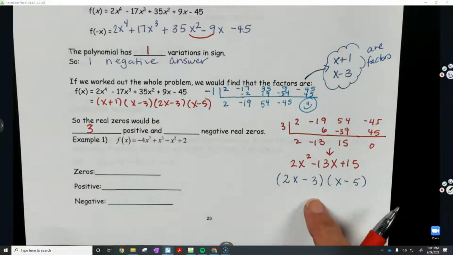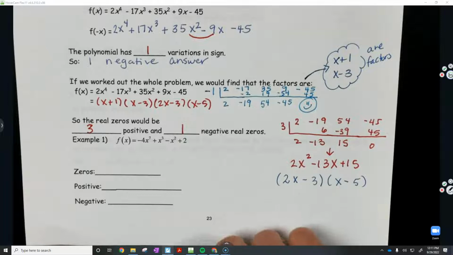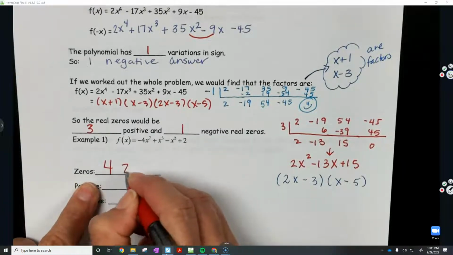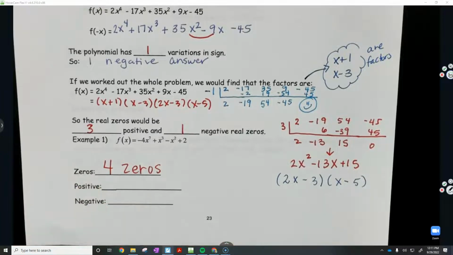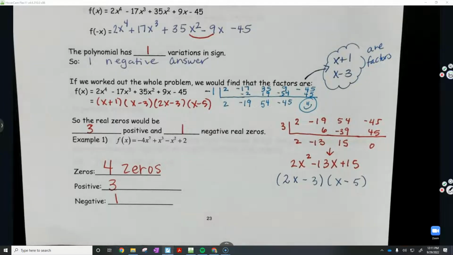How many negative x-intercepts do you have? But we knew that because we just did Descartes' rule of signs. So remember we had a total possible of 4 zeros. I knew that was possible because of the degree. We ended up with 3 positives, so it crosses the x-axis 3 times over there. 1 negative x-intercept on the other side.